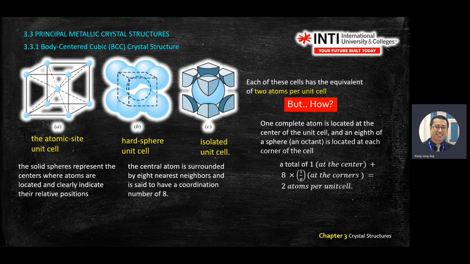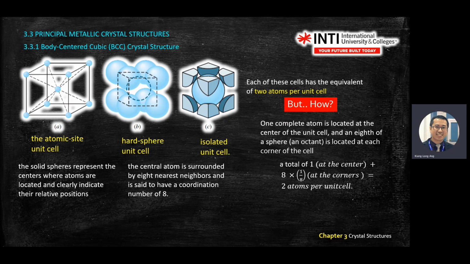This is the calculation to calculate the number of atoms. This is normally the first step of calculation. You calculate the number of atoms per unit cell. You look at the structure, and then 1 at the center plus the sides. BCC doesn't have face atoms, right?